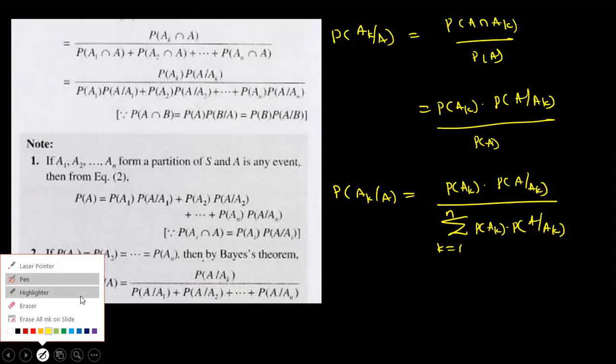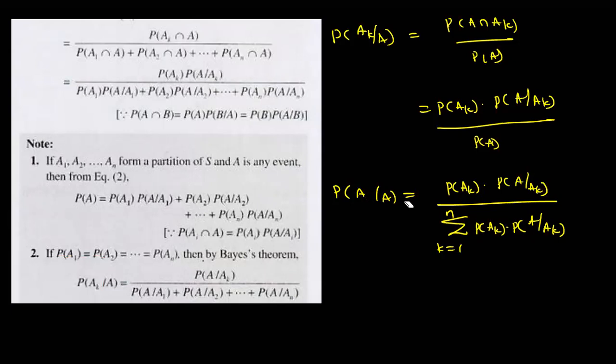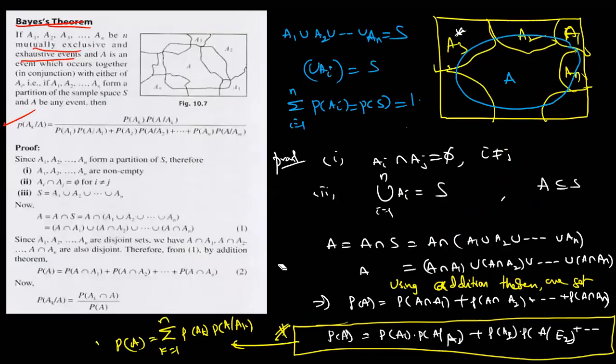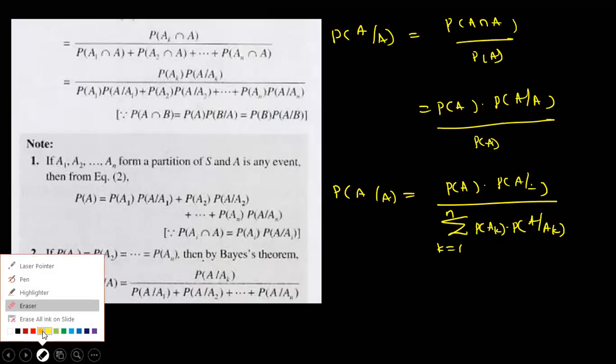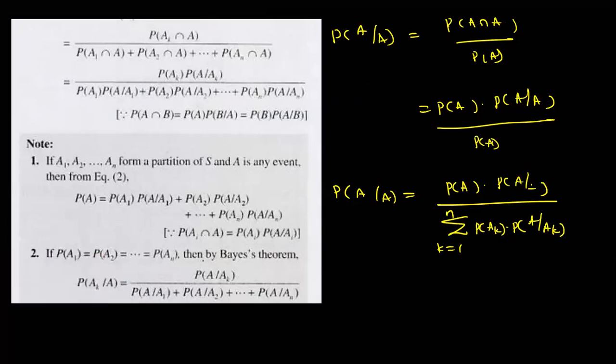Since I'm already using K, in the place of that one I can use I, like that: P of AI into P of A by AI.